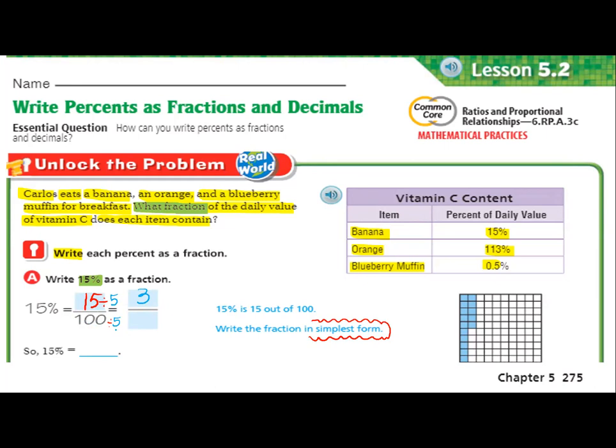And 100 divided by 5 equals 20. Good job. So the final answer as a fraction is 3 over 20. Good job, Abdurrahman. You are smart, but you need to calculate fast.